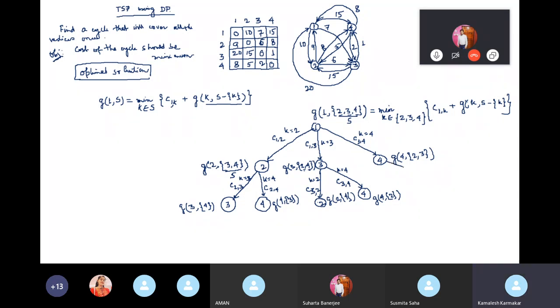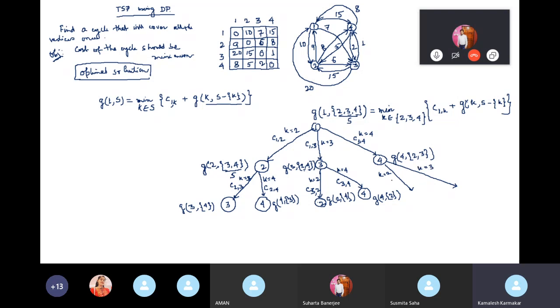Similarly, expand this one. What can be the next vertex? Here K equals to 2 and K equals to 3.